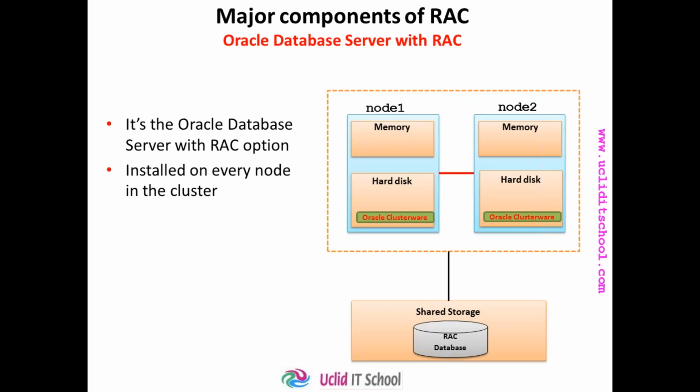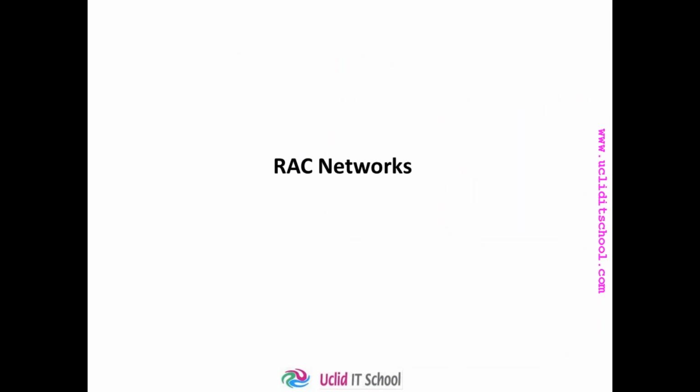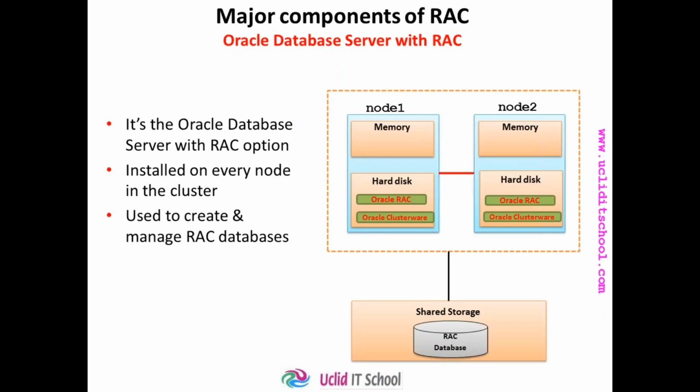Like earlier, we installed clusterware on every node as shown in this diagram. Similarly, you install RAC database binaries on every node in the cluster, and this is used to create the RAC database which is on the shared storage.